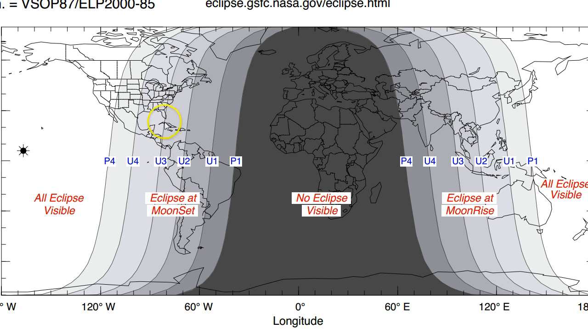Now, from U3 to U4, this is including me in Houston, which is around here. So whoever lives in these areas, they're going to see the whole moon turn red, which just means the total eclipse will be visible in here, including this part.